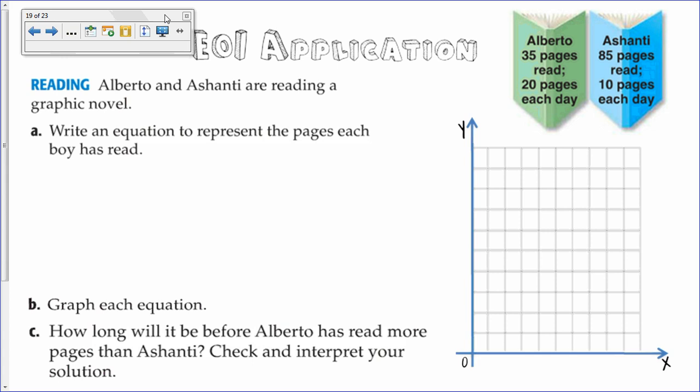Okay, it's going to be 2 equations. Write an equation to represent the pages that each boy has read. So Alberto did 35, and then he's going to do 20 each day. So what's my rate of change here? I'm going to say y equals 20x plus 35.